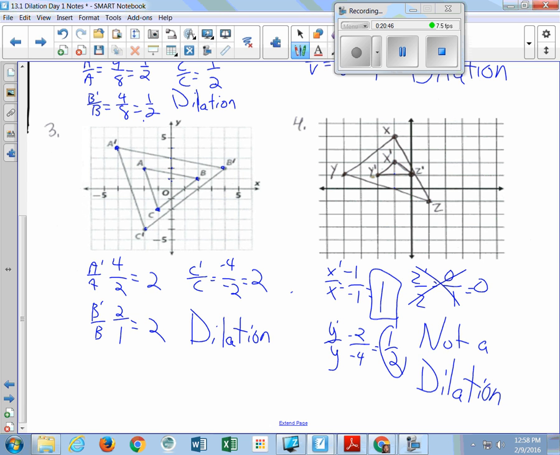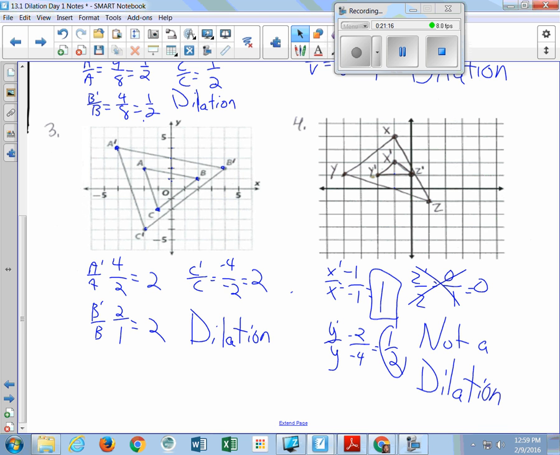All right, that concludes your notes. We're going to work on the dilations worksheet for the remainder of the period. Number 1, just define dilations on your notes. 2, determine if each one's an enlargement or reduction. 4 and 5, use a ruler to find the center of dilation, COD.